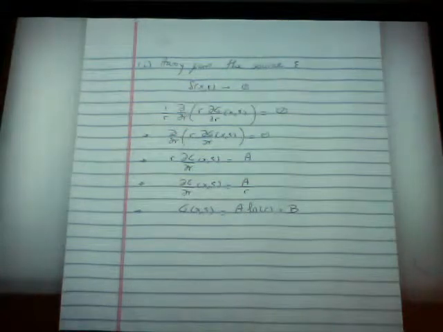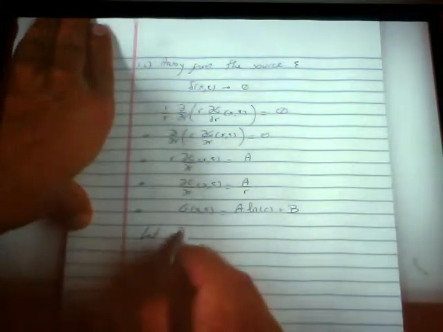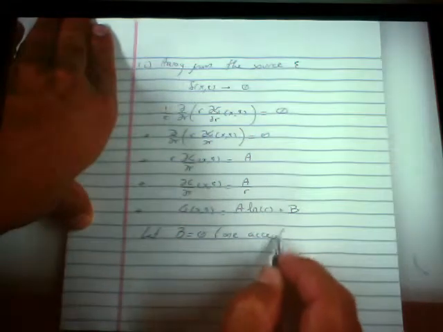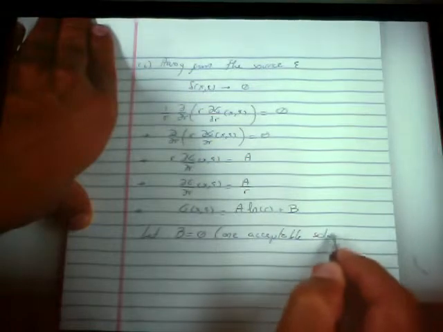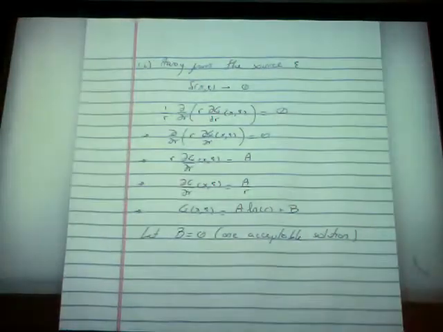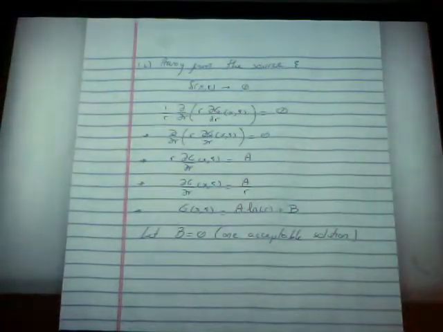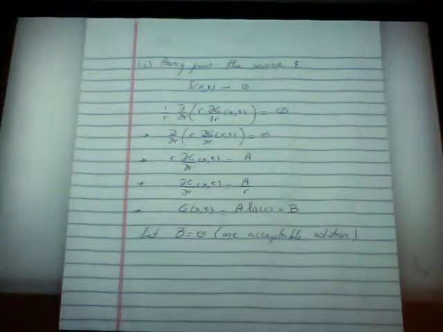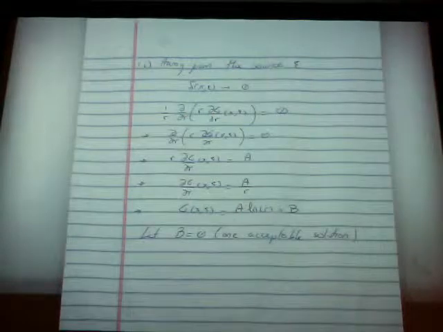Now for simplicity, let's let b equal 0. That is one acceptable solution. Also because when we introduce this back into the boundary integral equation, having a b of 100 or 0 really doesn't matter because it will cancel out. One is positive, the other one is negative.